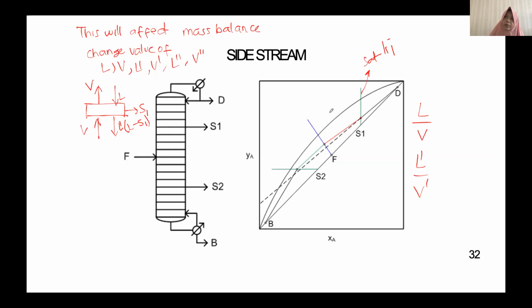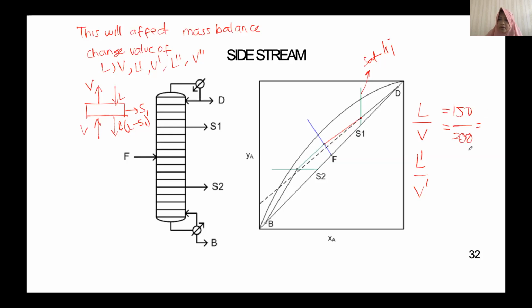So you can try to calculate. For example, let's say L is 150 and V is, for example, 200. So I have a slope, for example, 3/4.